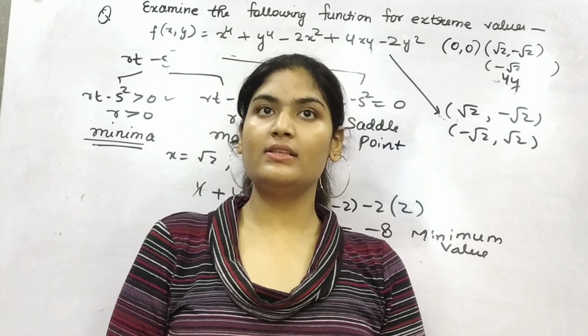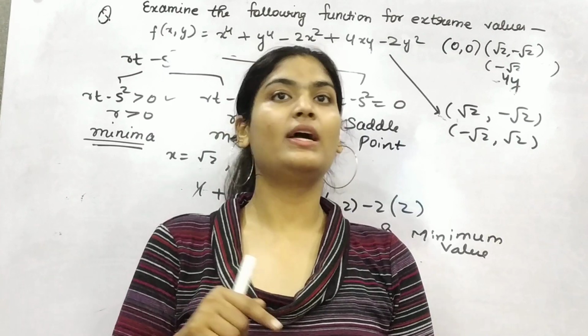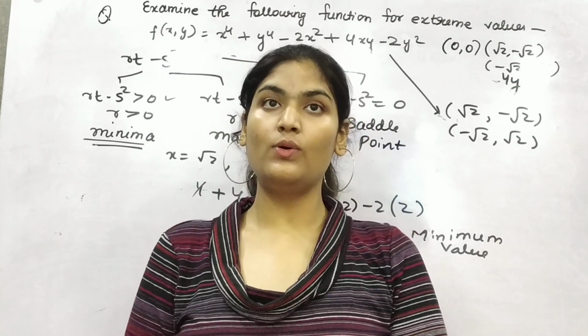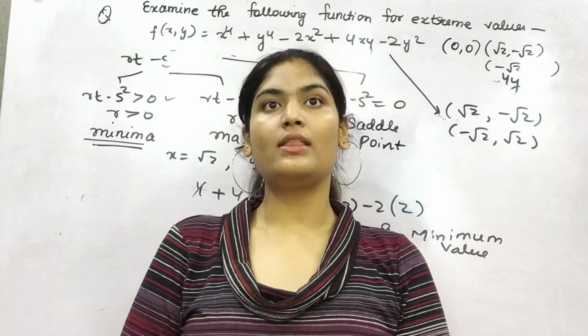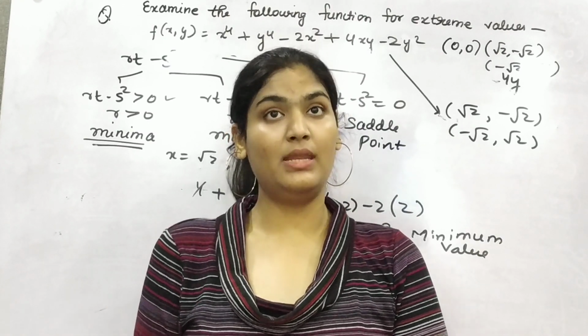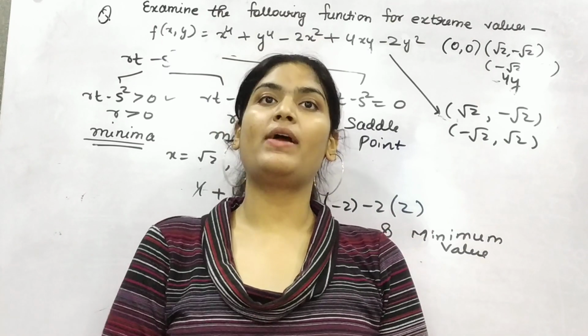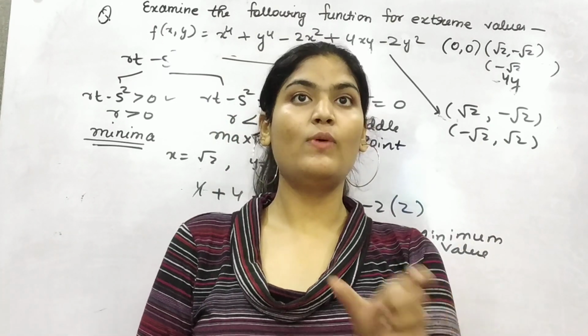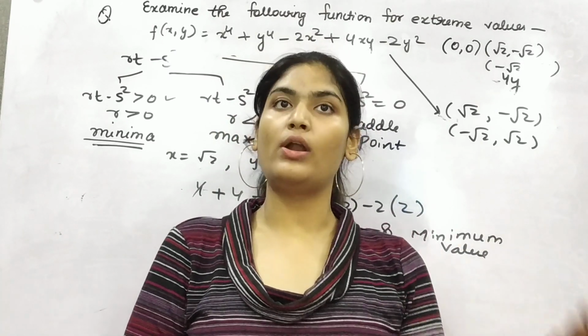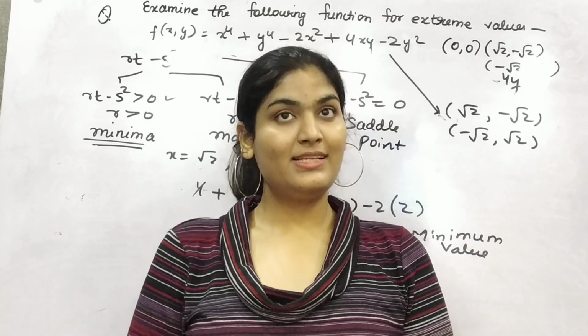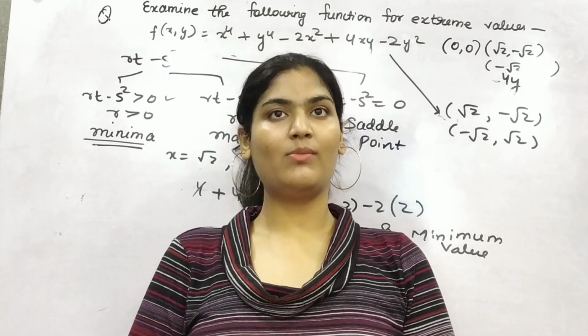If it is greater than 0, then there are 2 conditions: whether R is greater than 0 or less than 0. If R is greater than 0, then that would be your minima, and if it is less than 0, then it would be maxima. Then find the minimum value and maximum value by putting those coordinates back into the function. This is how you can solve your maxima and minima problem.